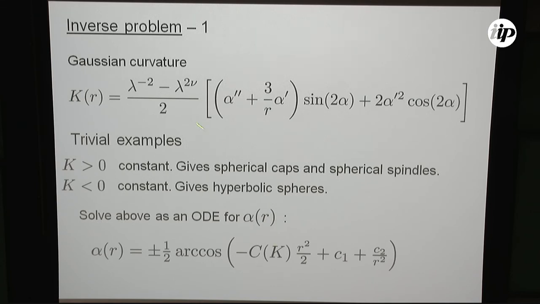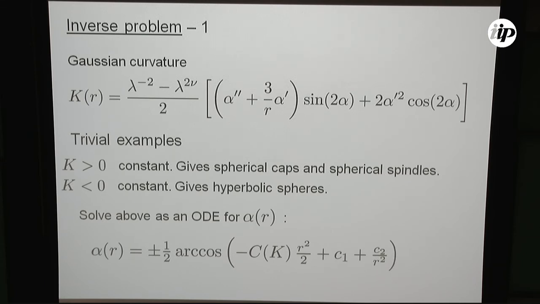So for instance, if K is a constant, then this is the solution of this ODE with boundary conditions, this one including where I've excised the center of the disk. So I've solved the inverse problem here in some trivial sense, in that I've taken trivial shapes with constant Gaussian curvature. I know what they are.